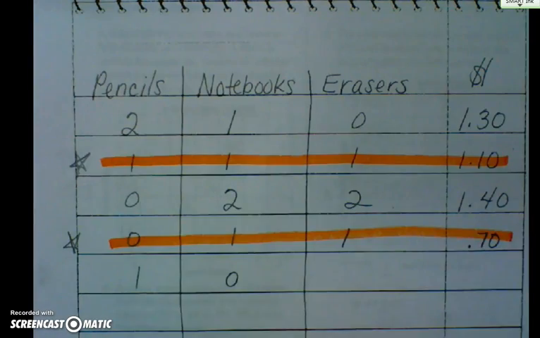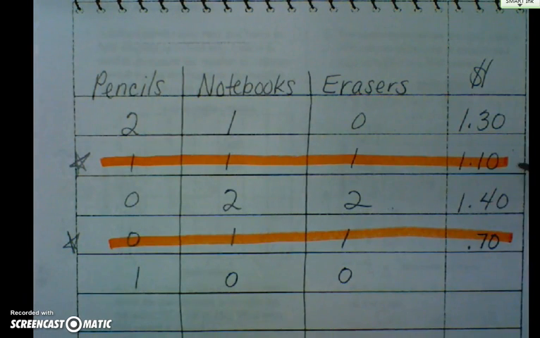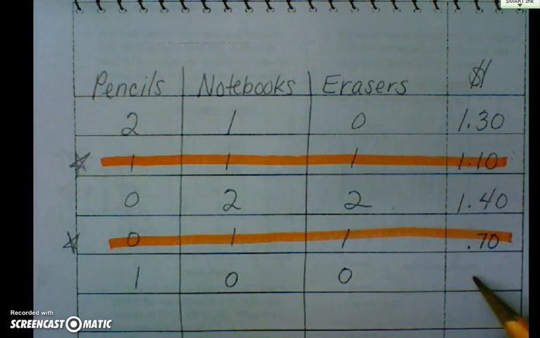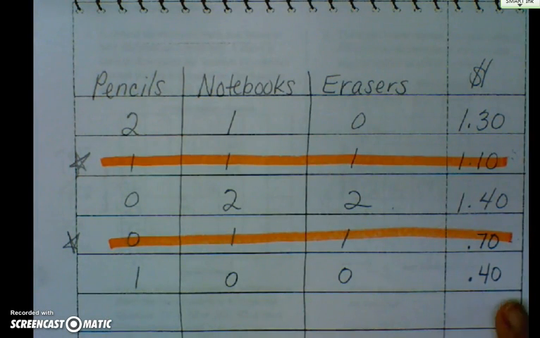An eraser, take away an eraser, leaves me with 0 erasers. When I compare the prices of those two, $1.10, take away 70 cents, leaves me with 40 cents. So I know that 1 pencil is going to cost 40 cents.